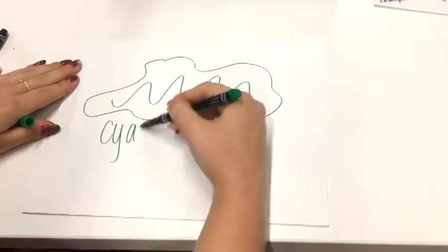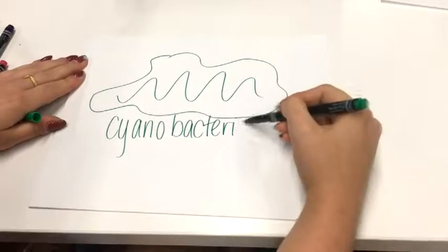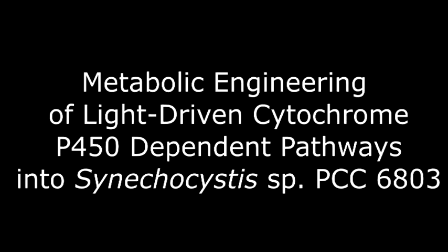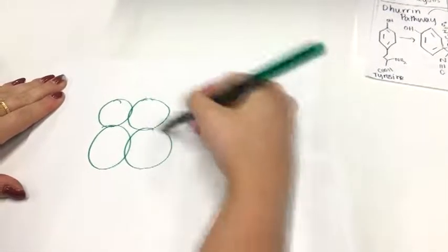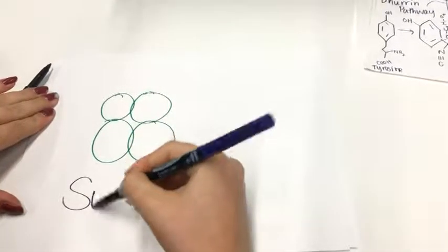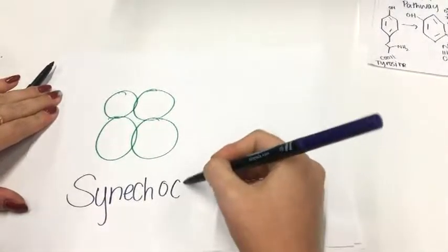But what practical uses does cyanobacteria have today? Cyanocystis, a type of modern cyanobacteria, has recently been modified to create complex organic molecules.